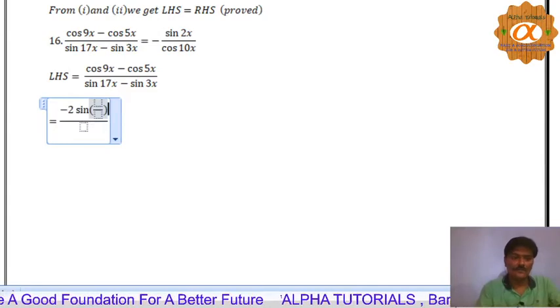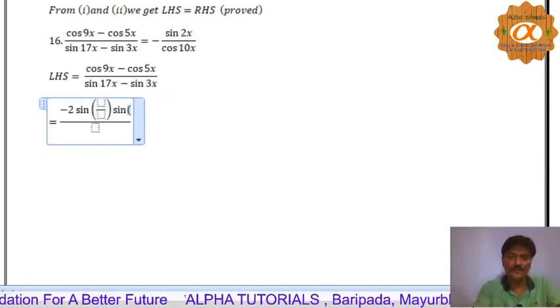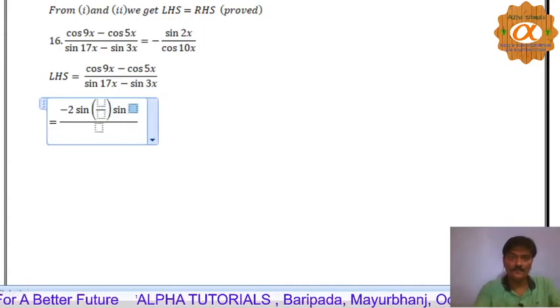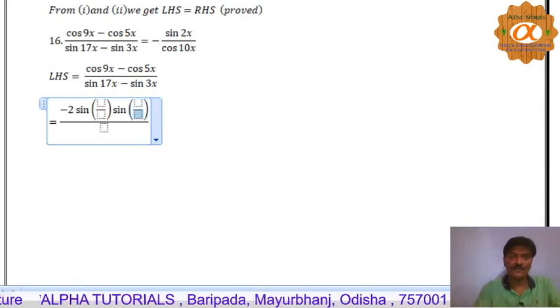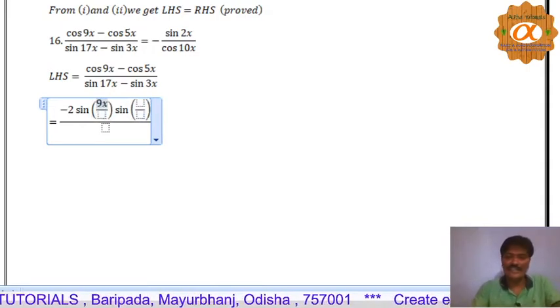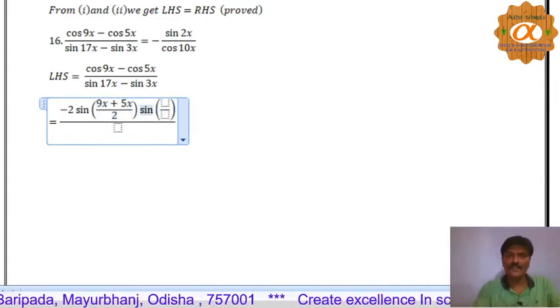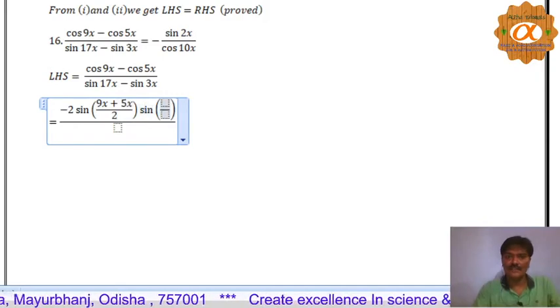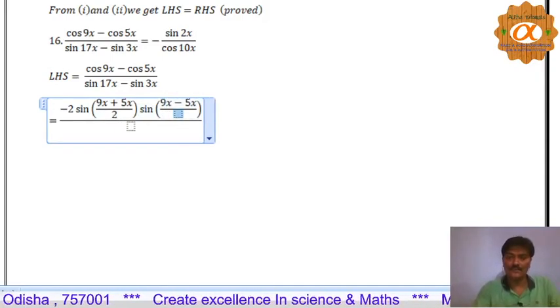Now first I write the expression, then I will put the values. First I am writing just the expressions. Okay, minus 2 sin A plus B by 2, it is 9x plus 5x by 2, and the other one is sin 9x minus 5x by 2.